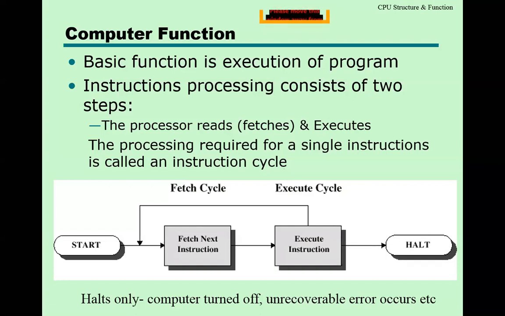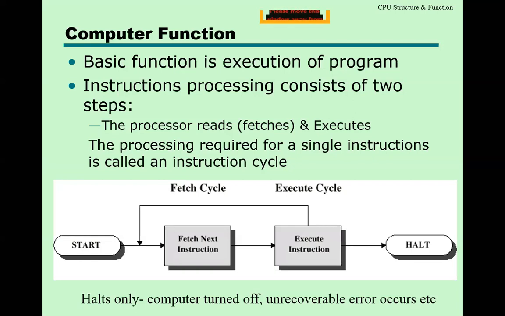So in a computer, basically, there are two types of function: fetching the instruction and executing the instruction. We can say the computer has a basic function, that is execution of a program. So how can the program be executed?